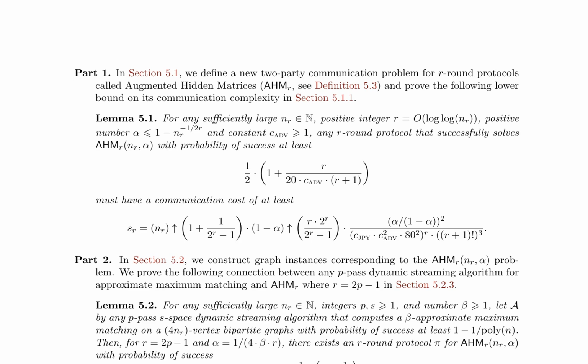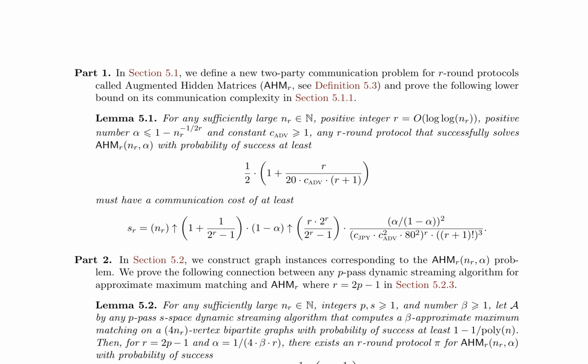For any r-pass, space-S dynamic streaming algorithm that computes a beta approximate maximum matching on a bipartite graph with a certain probability of success, there exists an r-round protocol pi for AHM_R with a certain probability of success and communication cost. The communication cost is bounded by a function of the number of rounds, space complexity, and input size.